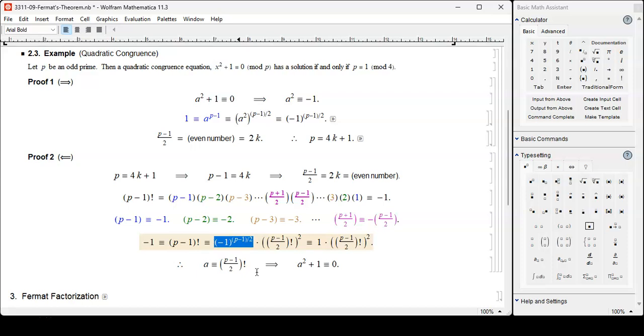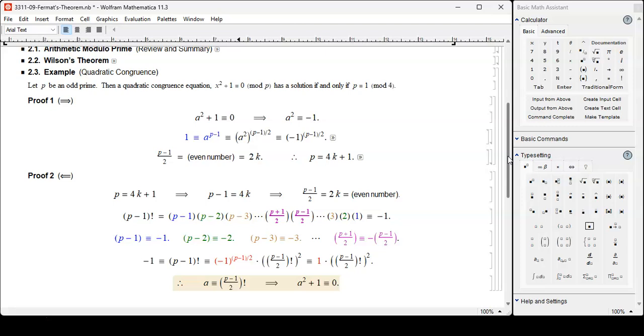So this thing here is congruent to 1, because we established this. So what we have is this p minus 1 over 2 factorial squared is congruent to -1. Oh, we have a solution. If we put this a as p minus 1 over 2 factorial, then that's a solution of this quadratic congruence.